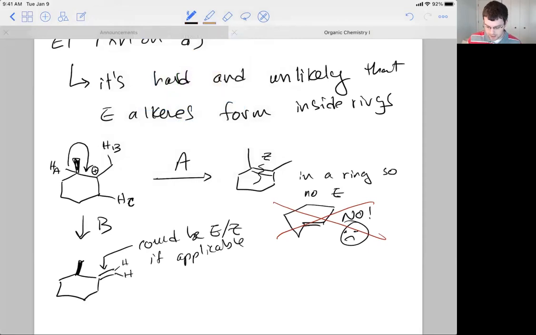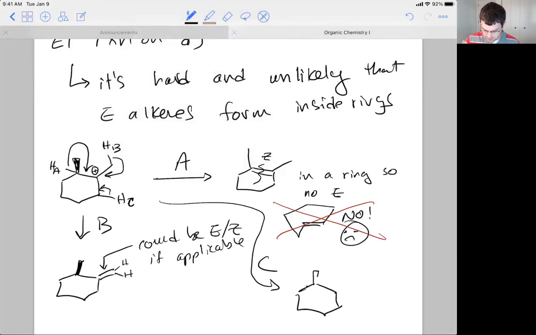Okay, and then C would involve, if B was loss of the B proton, loss of this proton. That's not going to impact the other stereocenters, just like B. So we keep that wedge in place. And then just like before, there's no E product. We only have the Z because the Z allows us to form a clean hexagon in the ring system.